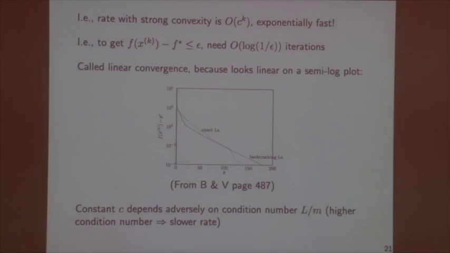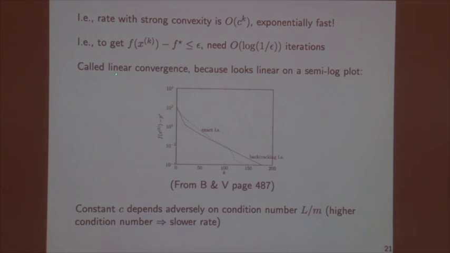So that's basically saying that your rate of convergence is exponentially fast, of the type c to the power of k. Or equivalently, to get accuracy epsilon, you need about log of 1 over epsilon iterations. So definitely a much faster rate.